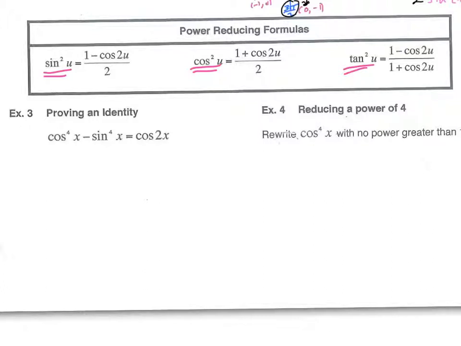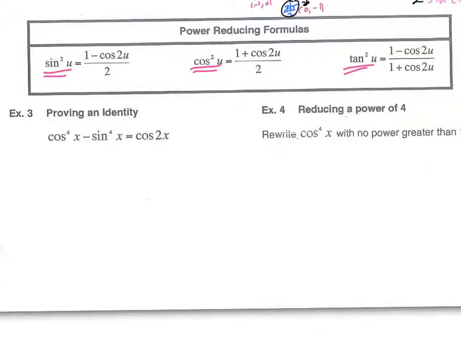Where have we seen squared trig functions before? In the Pythagorean identities. So previously, if I asked you to give me an equivalent value to sine squared u, you could use one of the Pythagorean identities. Remember, sine squared plus cosine squared equals 1. And so we converted that, solved for sine squared, and got 1 minus cosine squared. That's an equivalent value to sine squared.